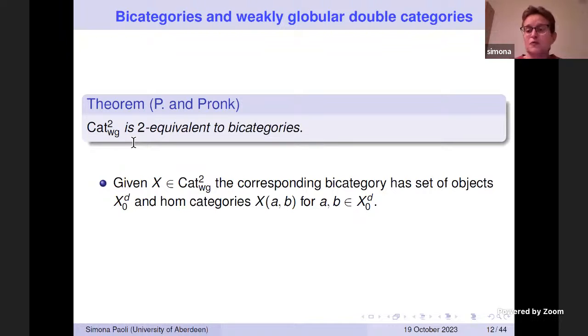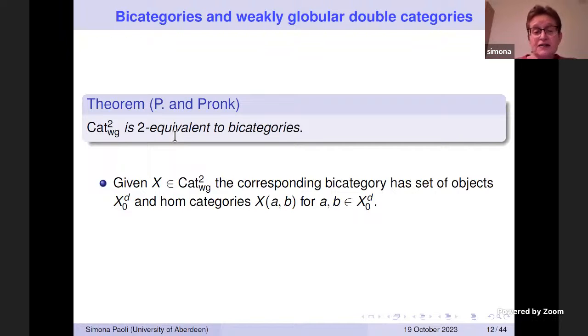Maybe I'll spare you the technicalities. Well, I cannot possibly go into the technical details. In the previous slide, I spelled out that there is a notion of two-equivalence in Cat2 weakly globular, which mimics exactly the biequivalences of bicategories. But perhaps I will skip this for the moment.